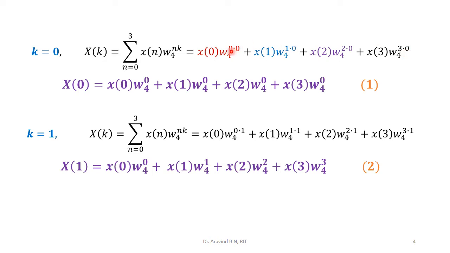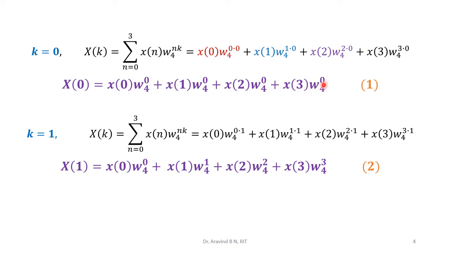Now these power values are multiplied with each other. This is the product, and the simplified expression is written over here: x of 0 omega 4 power 0 plus x of 1 omega 4 power 0 plus x of 2 omega 4 power 0 plus x of 3 omega 4 power 0.